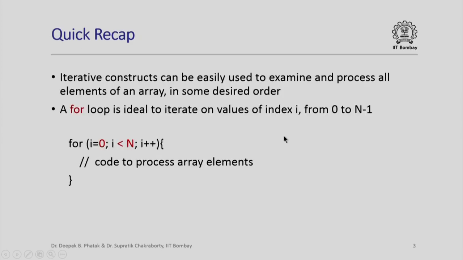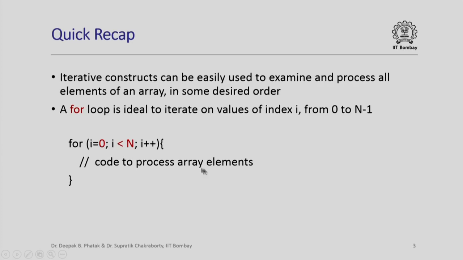We also remember that iterative constructs can be easily used to examine and process all elements of an array in whatever desired order. For example, if I wish to scan all elements of the array one after another, a for loop is ideal to do that. Here is an example. For i equal to 0, i less than n, i plus plus, then I can write a code to process array elements.